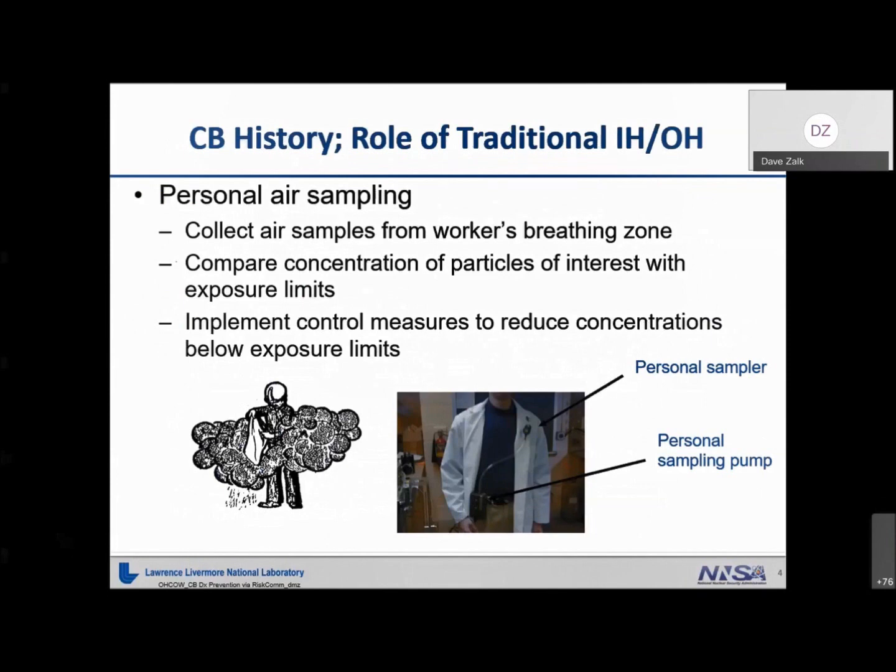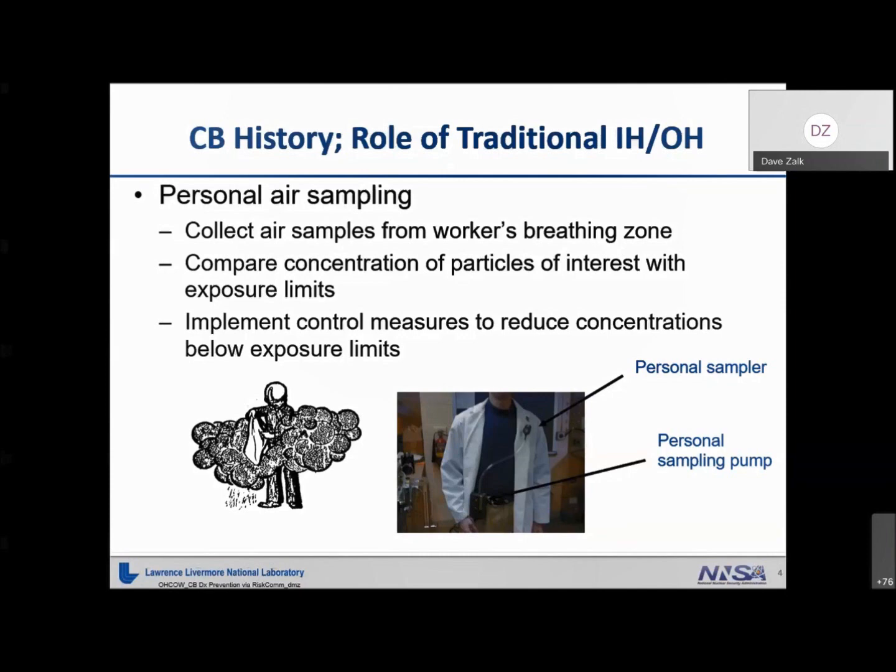So in general, especially with chemical hazards, what we're looking at is collecting personal samples. And that's from the worker's breathing zone, which is typically right around the mouth. And what we do is we suck some air, as they say, and we put that onto a filter or into some kind of collection cassette that is intended to get the hazard, the chemical of interest, and then we take that information and we compare that to an exposure limit that's been developed to be considered a safe level.